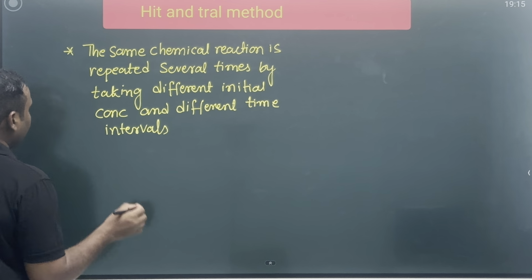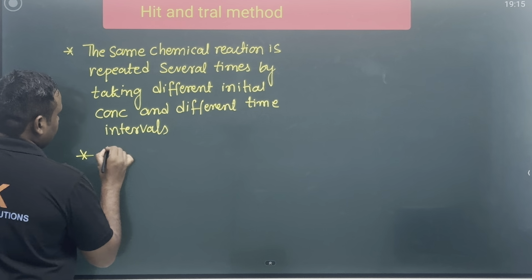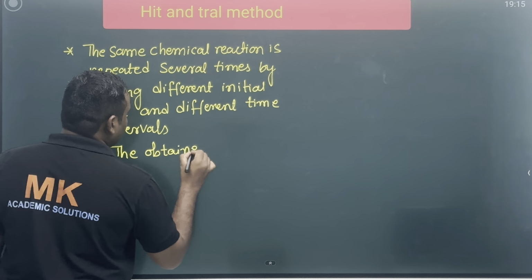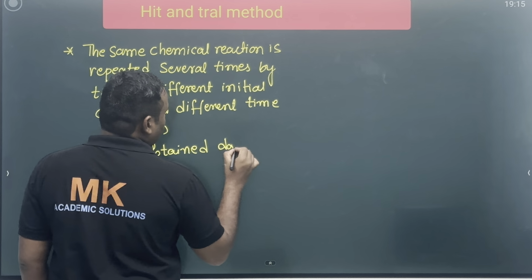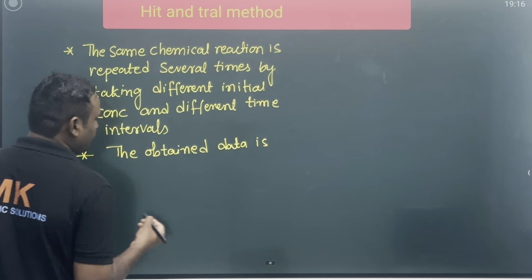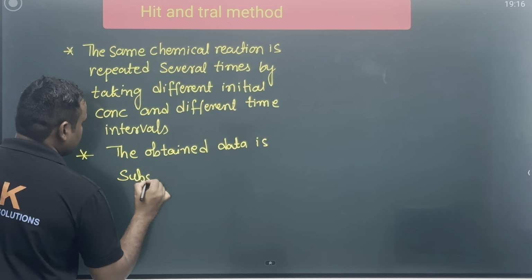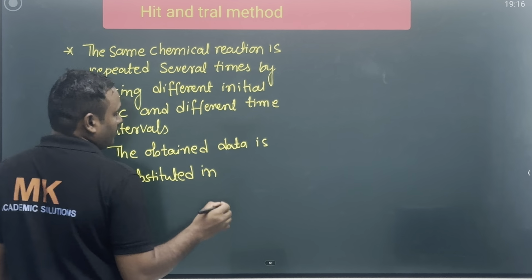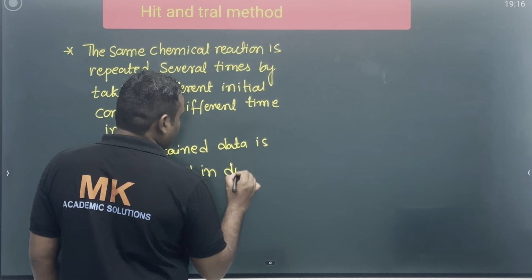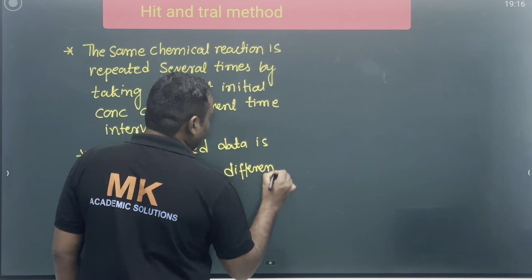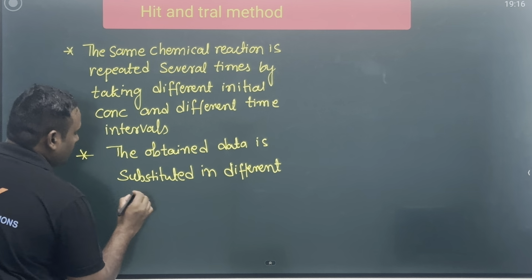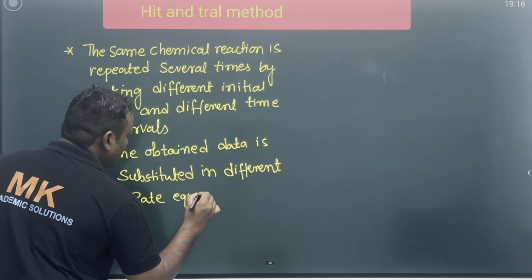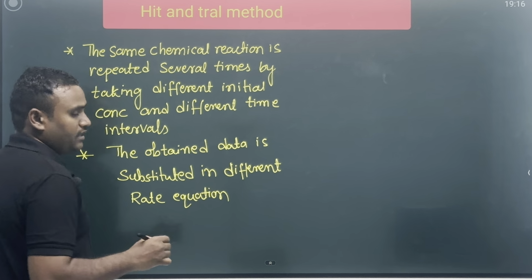The obtained data is substituted in different rate equations, which means the zero order, first order, second order rate equation, like that.